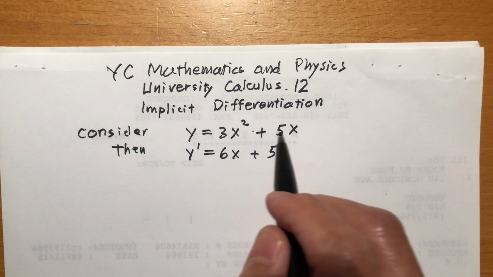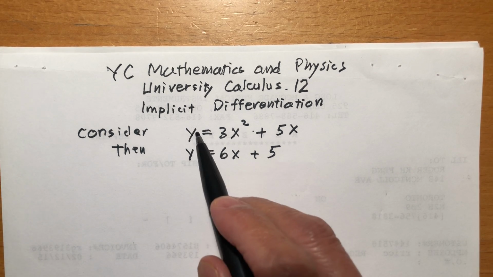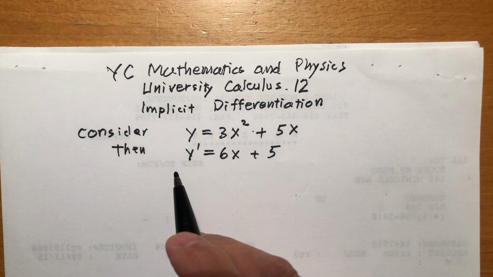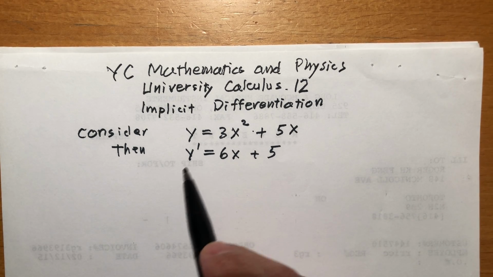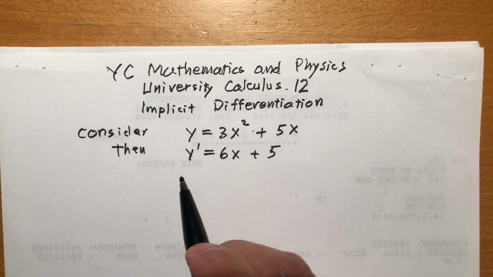So this function is given such that the variable y is on the left-hand side. But sometimes the left-hand side contains both y and x.